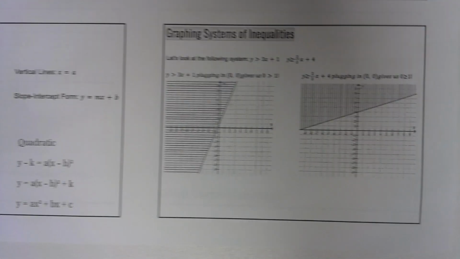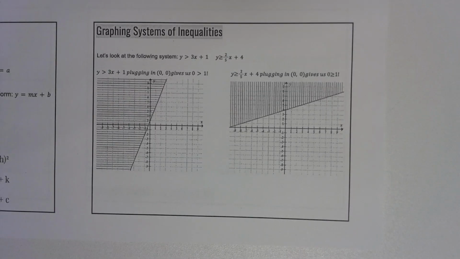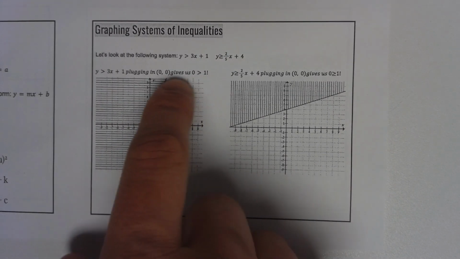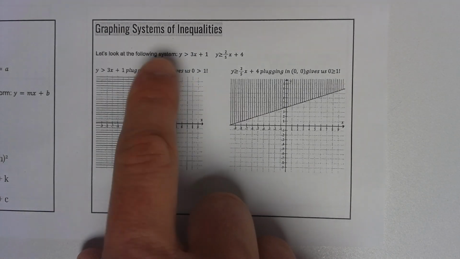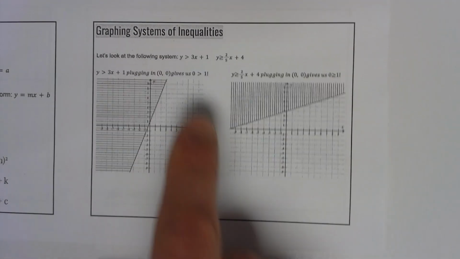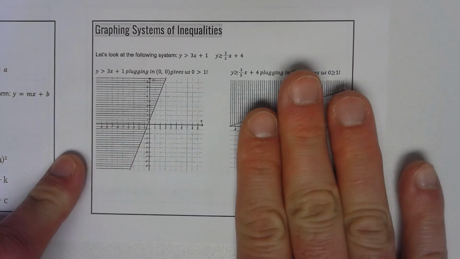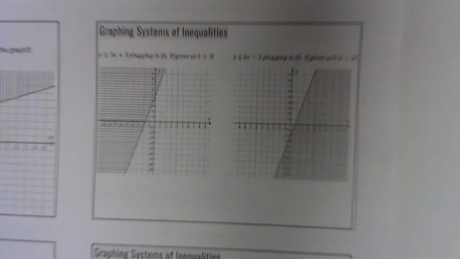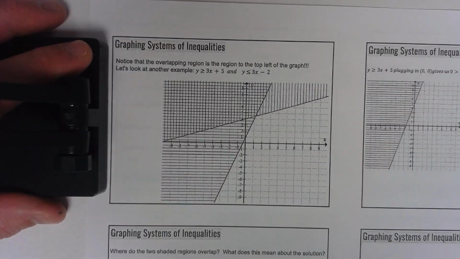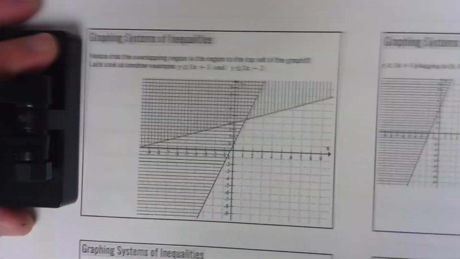I'm not going to go through these guided examples here, but I'll make a quick note: we're going to see two inequalities like this, and we're going to put them on one graph, not two separate ones. When we put it on one graph and flip this over, it looks like this.